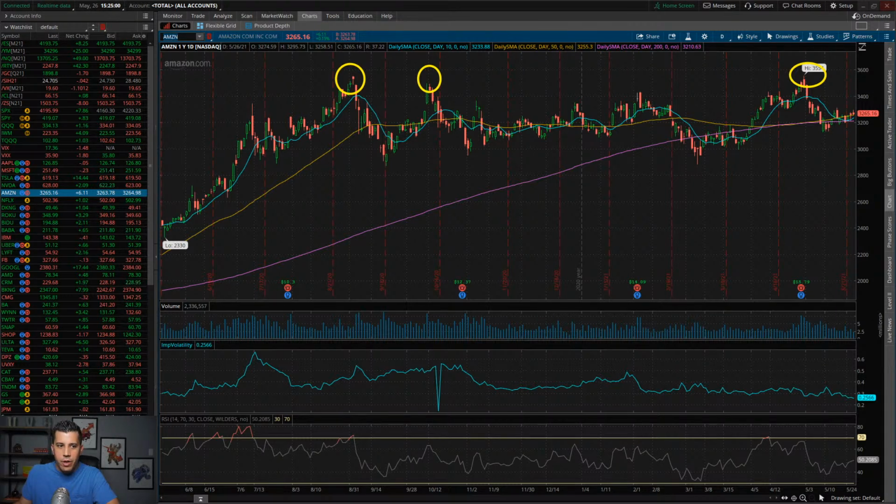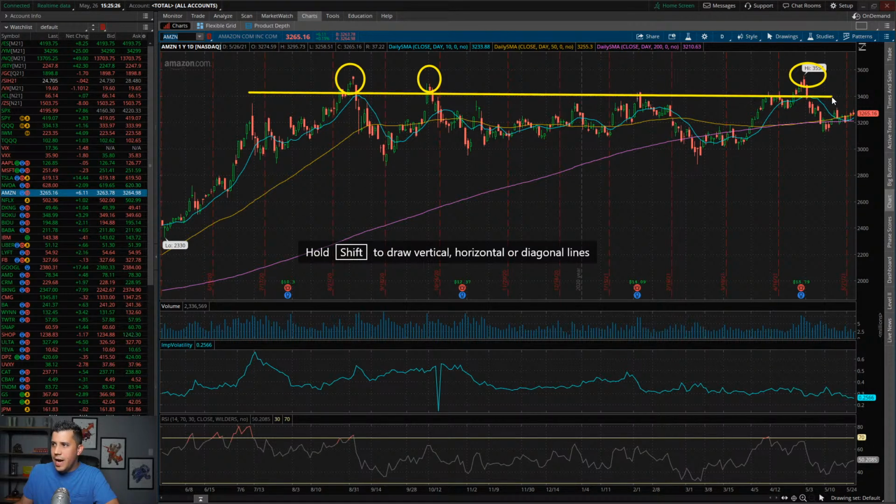Each time, if you look here, it got rejected hard at around, what price is this, $35.50, basically 3,500. Then it got rejected here again at 35.50. Now, is it going to make another run? And you can see we're just inside right now.